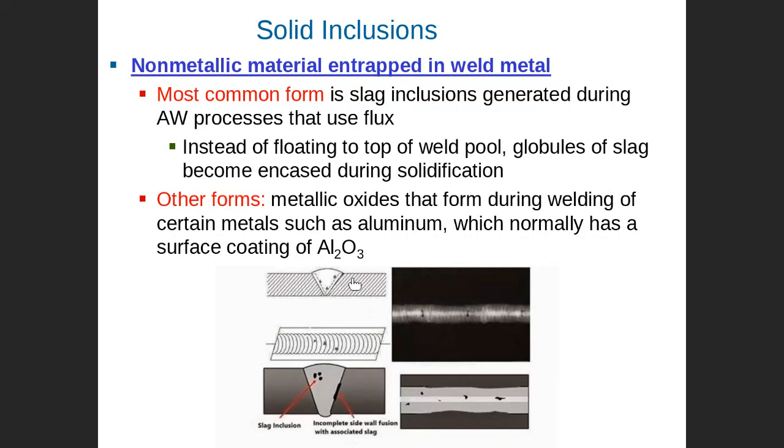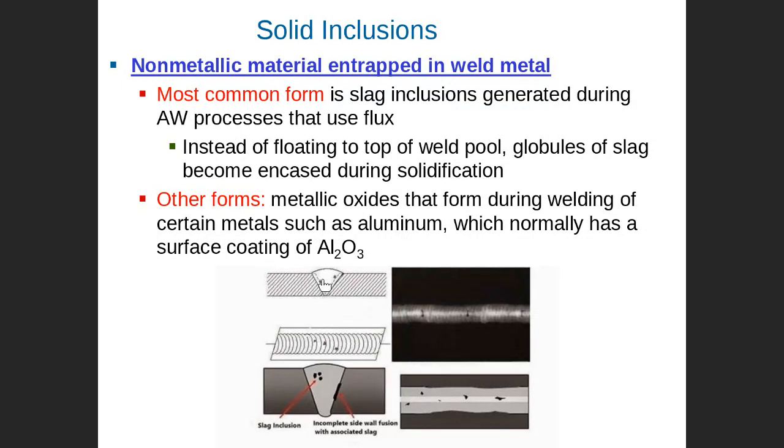Flux could be coating, could be tubular, it doesn't matter. When you melt the filler, flux evaporates and reacts with the environment, creating slag. Slag is supposed to flow up and create a layer on the surface, which we remove. Sometimes it is trapped inside.